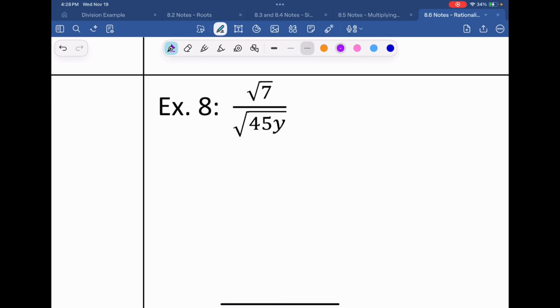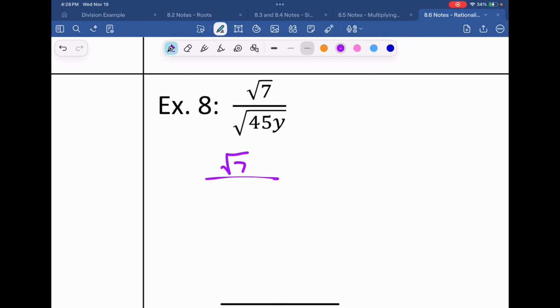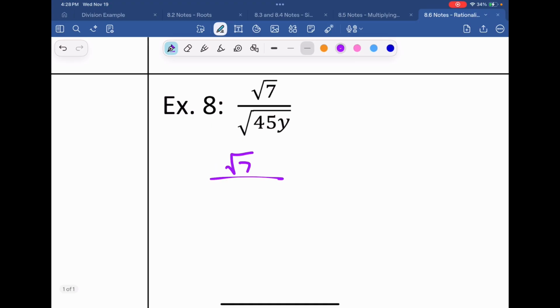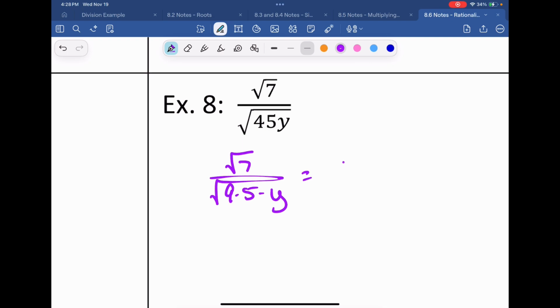Okay, so let's simplify. Largest square that goes into 45 is 9. Square root of 9 is 3. 5 and y, since y has an exponent of 1, I can't divide it. So that is the root I want to multiply by.